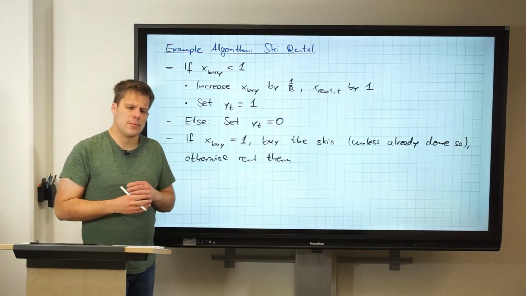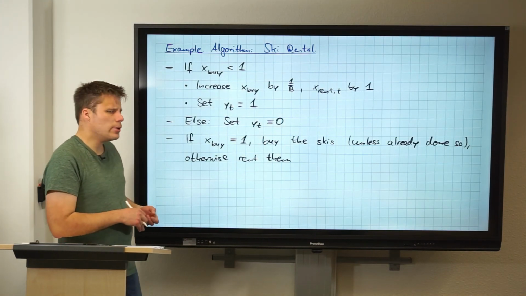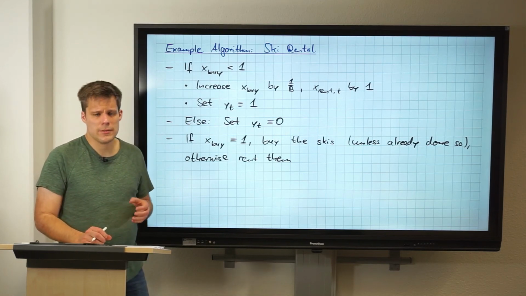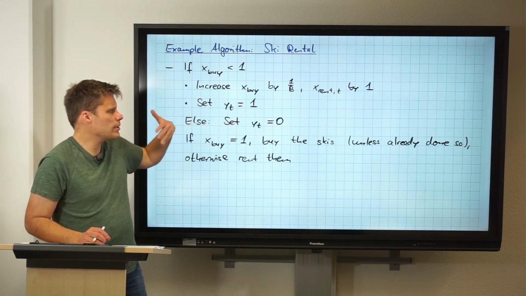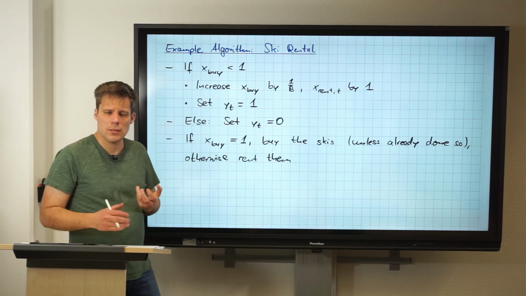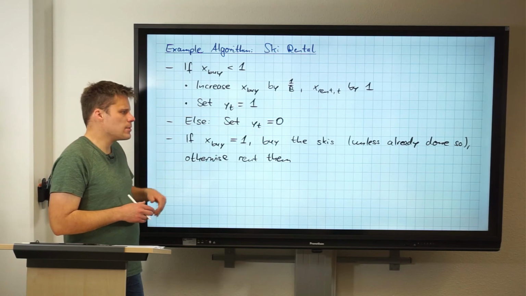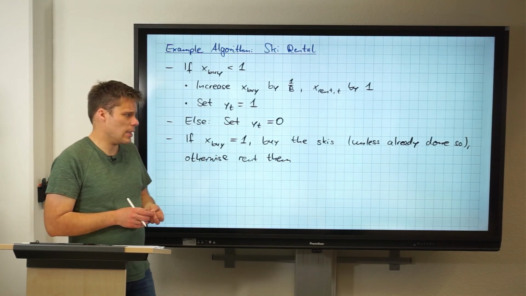So this algorithm is actually even a little more than what we need for the fractional problem, because for the fractional problem only these lines would be enough. We would only have to make sure that we're getting at least 1 from the skis. Here now, this part is turning this into an integral algorithm.